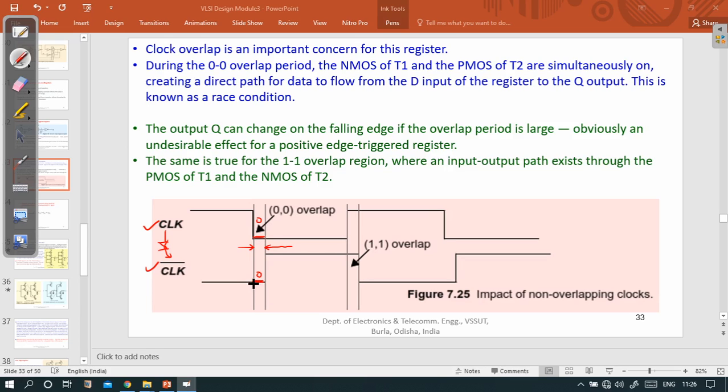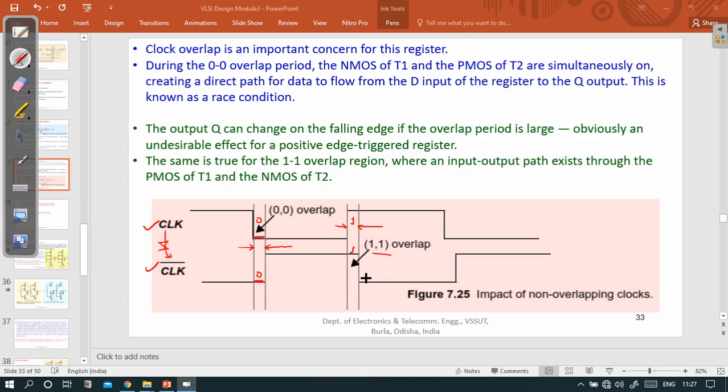After this time delay the clock bar becomes 1 as clock is 0. Because of this delay, again we can have one more time window where both clock and clock bar values are 1, and this is called a 1-1 overlap between clock and clock bar.